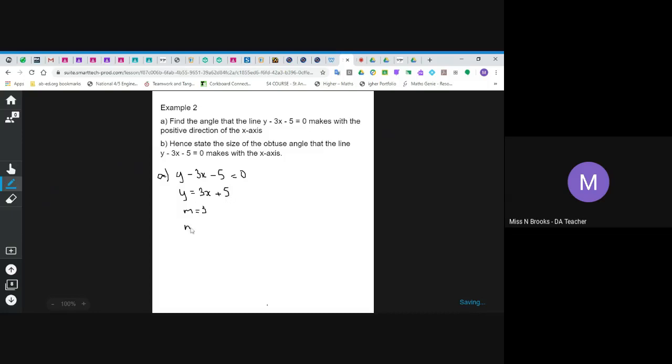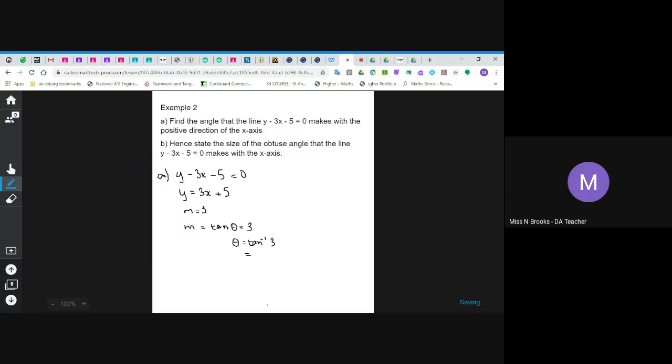So then, thinking about the fact that m equals tan theta, and that's going to equal 3. So we know to work out an angle, then we need to use the inverse or the arctan. So we need to press the Shift tan button on our calculator, and then type in the number 3.